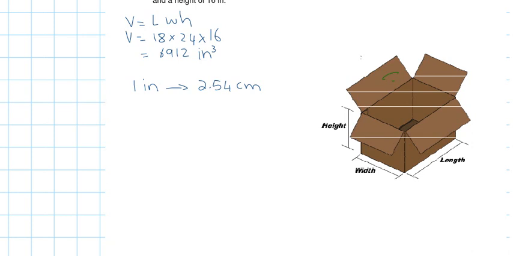So in order for this to work, I have to cube my conversion. I have to cube this, and I have to cube this. So now 1 inch cube is equal to 2.54 cubed, which is 16.39 centimeter cube.